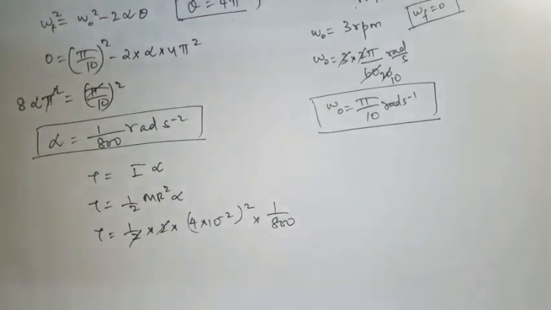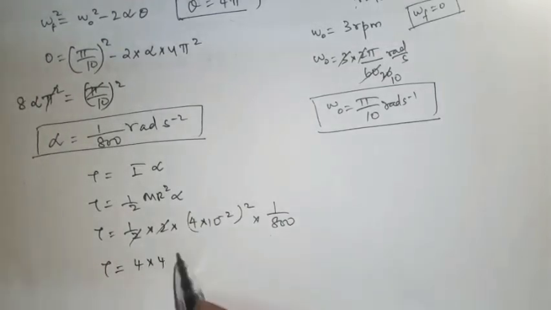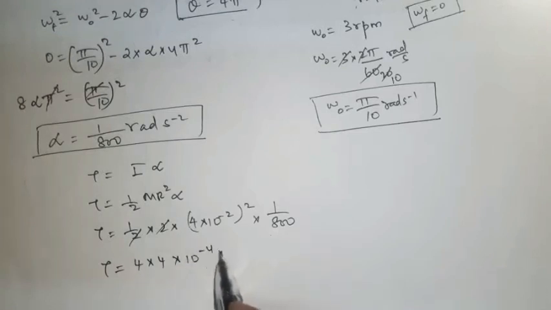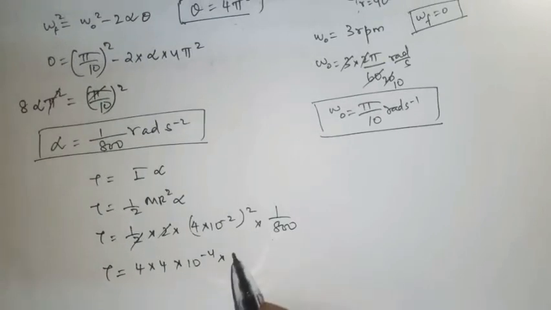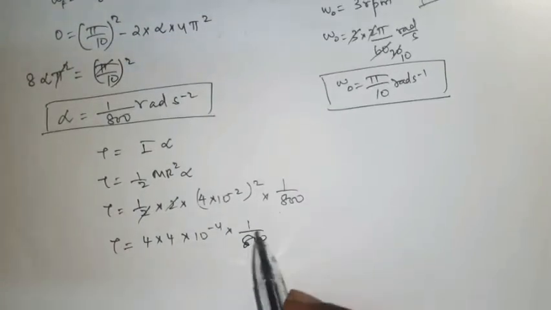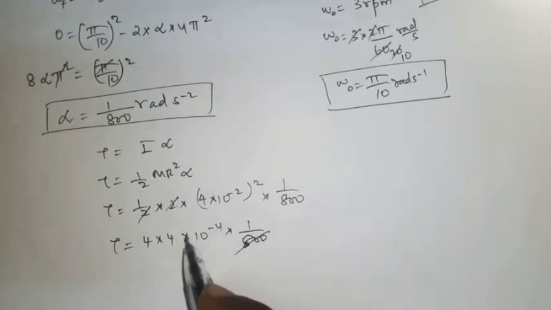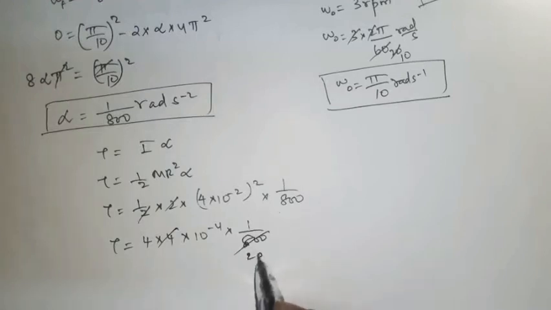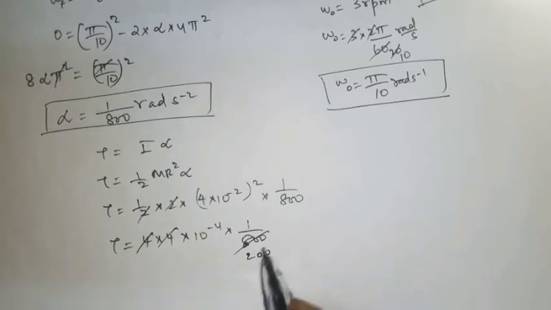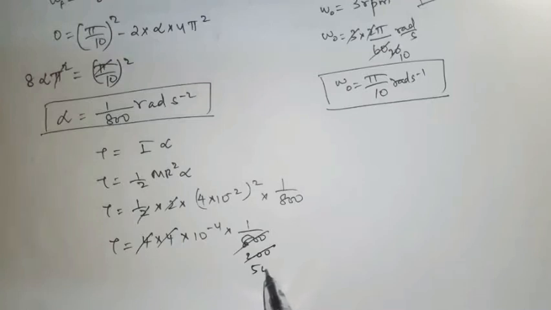This 2 is going to be cancelled. Tau is equal to 4 square, so we can write 4 into 4 into 10 power minus 4, 10 power minus 2 whole square is 10 power minus 4, into 1 by 800. Now you can cancel with 4 table: 2 4s are 8, then 200. Again cancel with 4 table: 5 4s are 20, then 50.